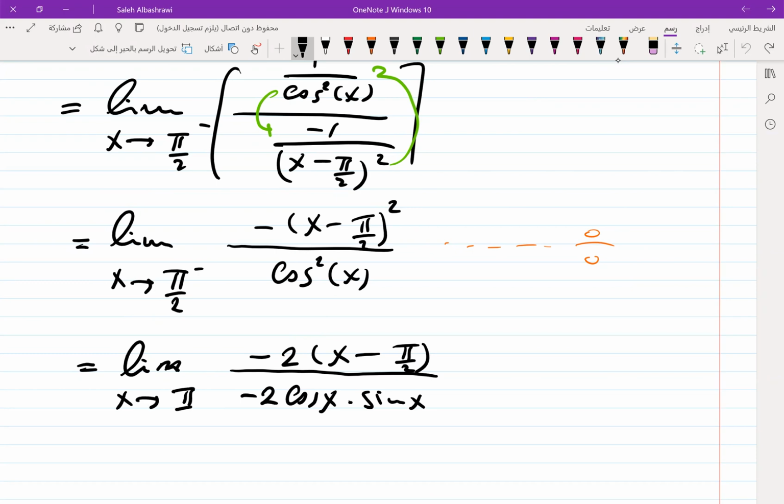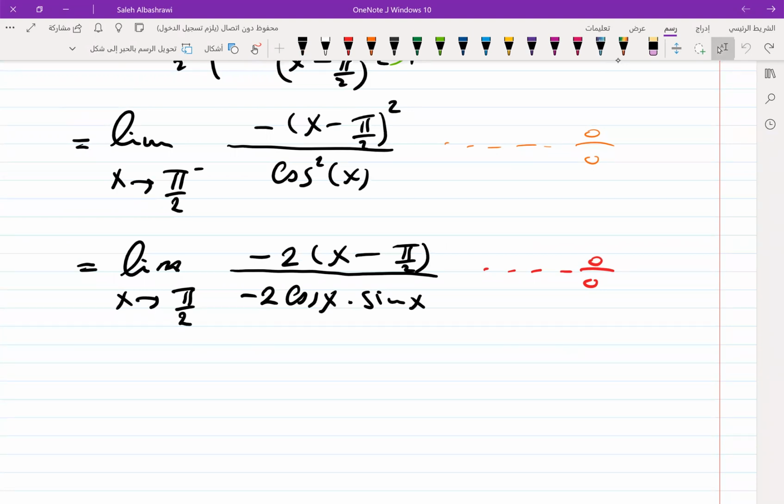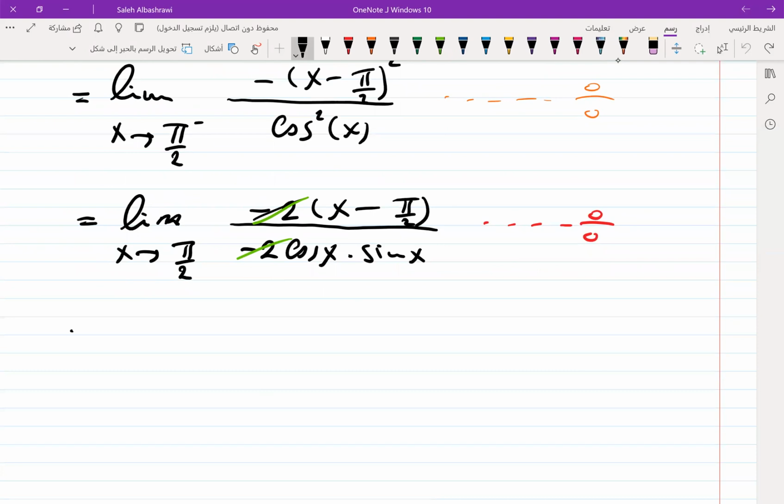As x goes to pi over 2, again this is 0 over 0. So let's apply the L'Hopital rule for the second time. I can take this negative from up and down.